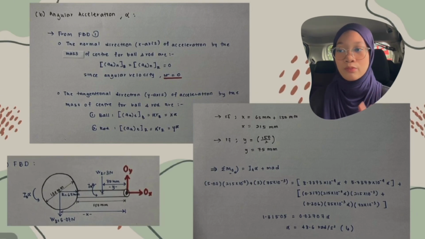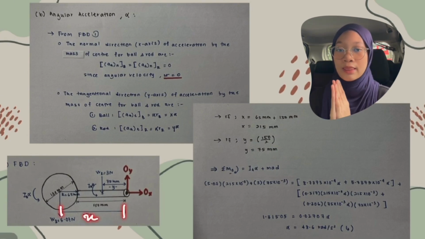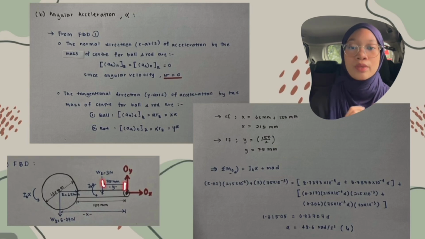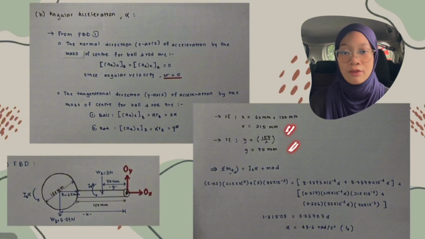So first, for the ball, acceleration is equal to alpha r_b, which is x alpha. Then for the rod, acceleration is equal to alpha r_rod, which is y alpha. So the values x and y are the distances from the center of mass to point O. As I calculated here, x is equal to 215 millimeters and y is equal to 75 millimeters.